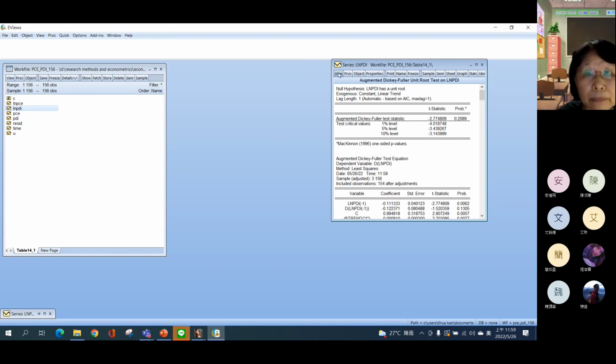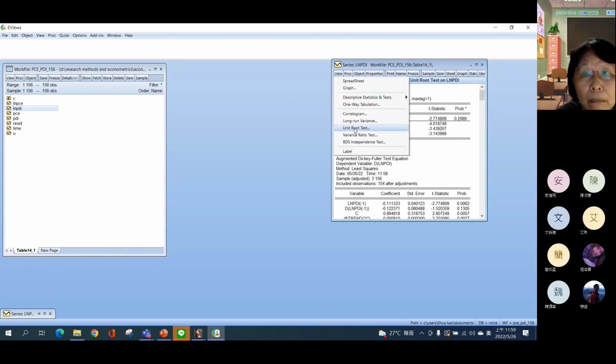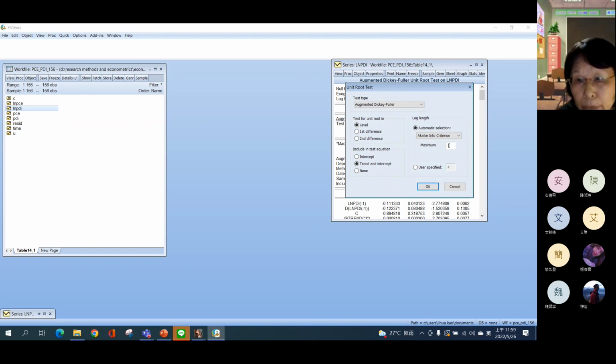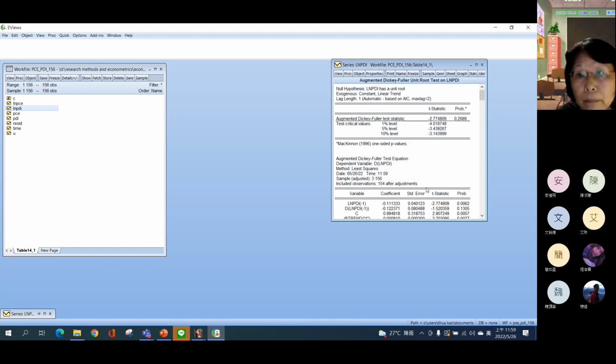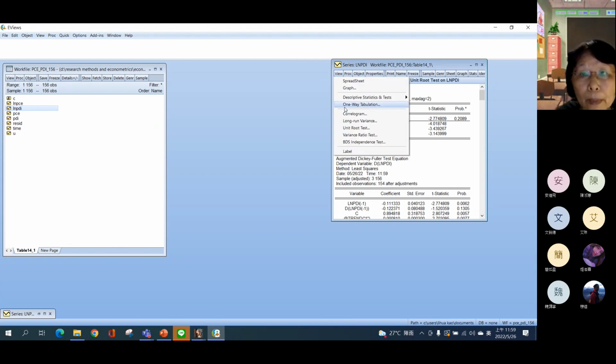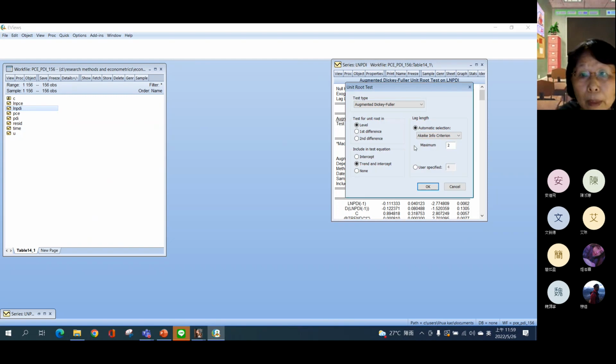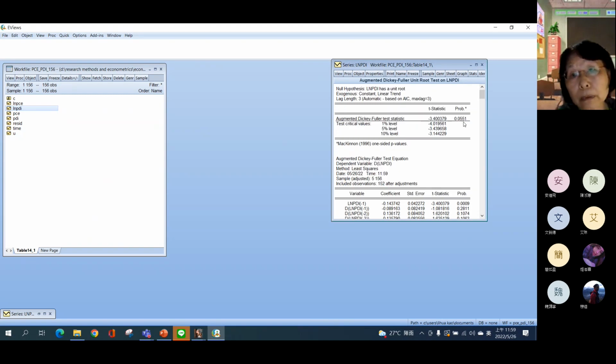If it is 2, the same result as 1, non-stationary. About 3? Up to the lag of 3, it is stationary at the 10% level.